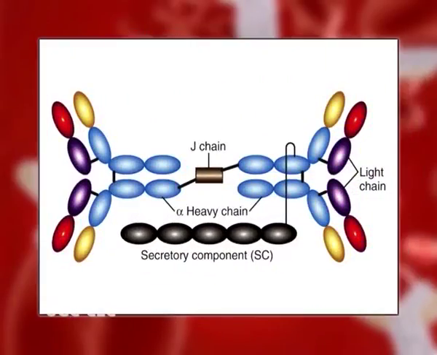The secretory component is derived from the receptor that is responsible for transporting polymeric IgA across cell membranes. The J chain polypeptide in IgA is identical to that found in the pentameric IgM and serves a similar function in facilitating the polymerization of both serum IgA and secretory IgA.